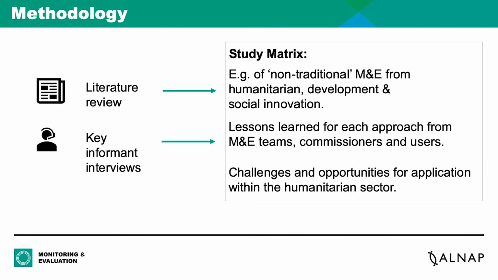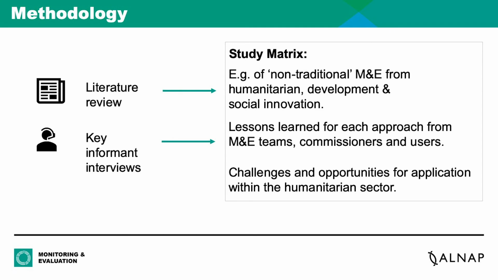In terms of methodology, I'm really not going to bore you guys with this, but essentially what we did is we reviewed a wide range of literature. We looked at MEAL policies and frameworks of our ALNAP members. We looked at evaluation theory and practice from outside the humanitarian sector. And we did a round of key informant interviews. What we fed all that together into was a study matrix that looked for examples of non-traditional monitoring and evaluation approaches drawn from humanitarian, but primarily from development sector and social innovation within Western countries.